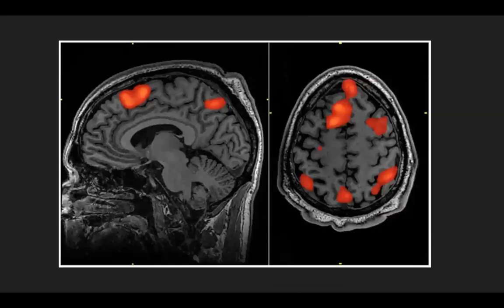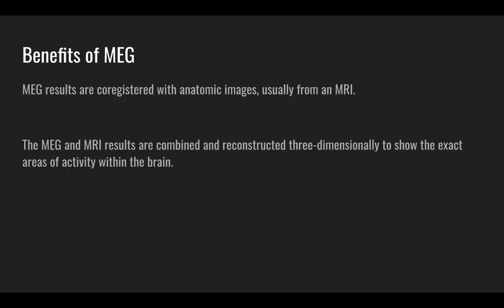Here's an image of an MSI. We'll talk about it in a couple minutes, but an MSI is a magnetic source image, which is the combination of anatomic images, usually an MRI, with the MEG. Co-registered with anatomic images, you get a reconstructed three-dimensional map, which shows areas of activity within the brain.